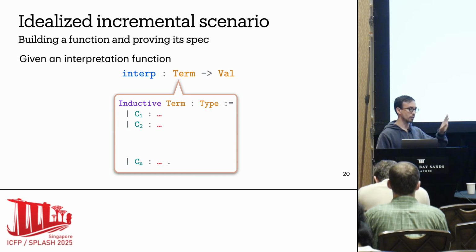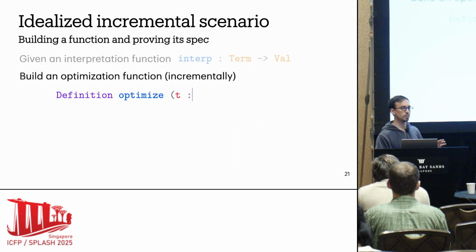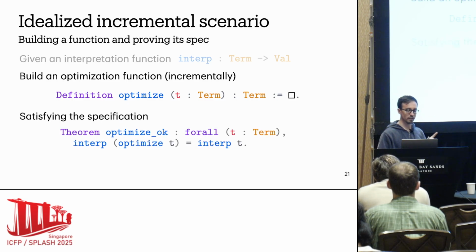And we'll assume this is complete for now. And what we actually want to do is define this optimization function, which will start just by putting a hole. We don't know what it's going to do. But the only thing that we do know is that it should preserve the semantics of the interpretation function.